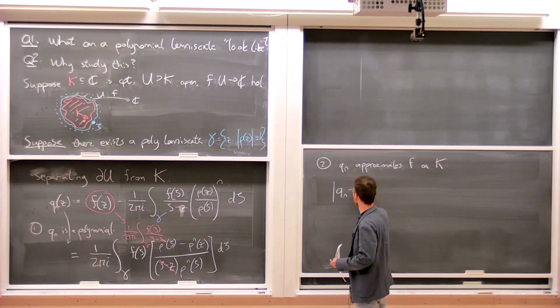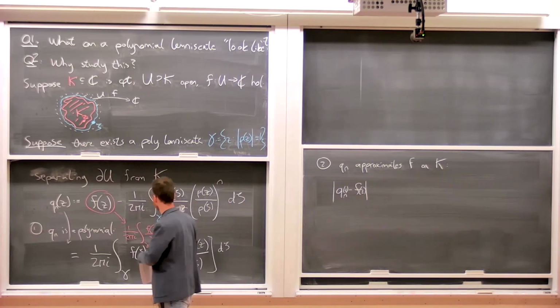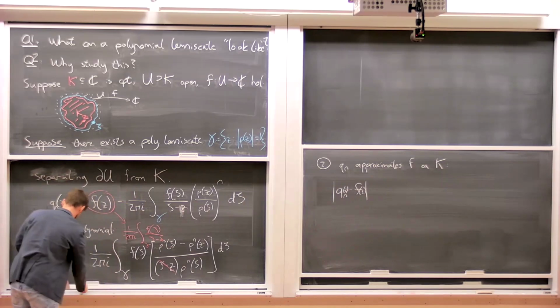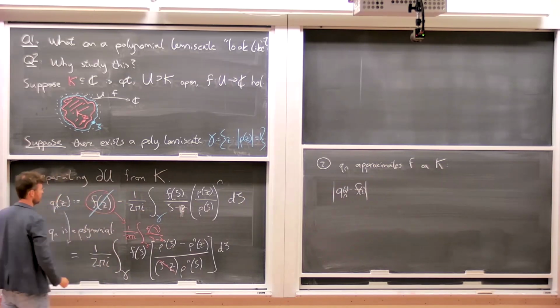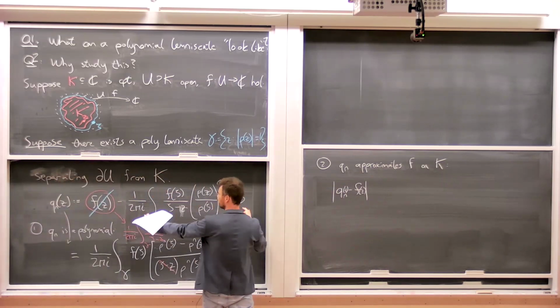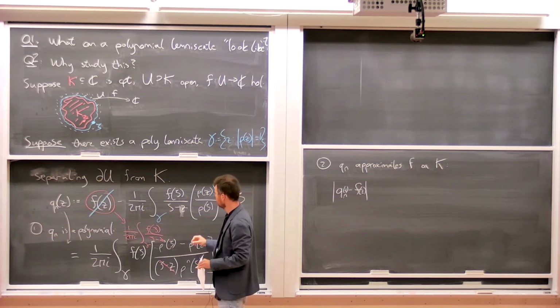If you want to bound q_n minus f, well, of course, this f term will cancel, and so you're just left with how do I bound the absolute value of this integral? So I'll just do it here.